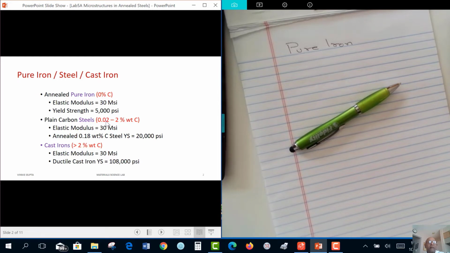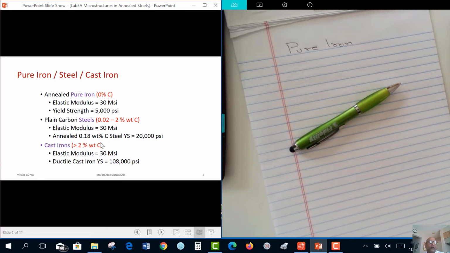Then if we add carbon in the range of 0.02 to 2% by weight, we have what are called plain carbon steels. So this is an alloy where we are dissolving carbon interstitially in iron. Notice this is a very small amount and it does not change the elastic modulus at all. It is still 30 million psi.